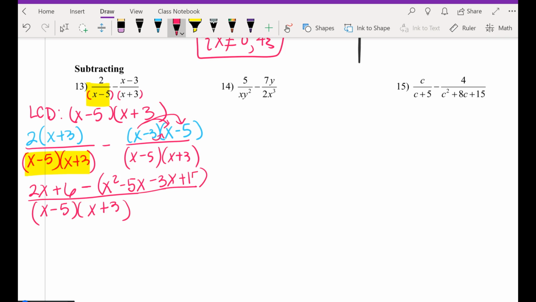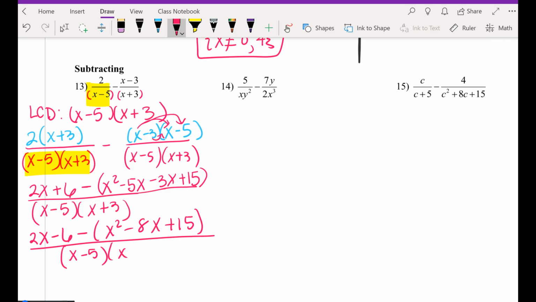Good. Okay. Can I combine anything in that group? Yep. So 2x plus 6 minus quantity x squared minus 8x plus 15, all over. And again, I'm writing out every single step. If you're really good with algebra, you can skip, but that's up to you.